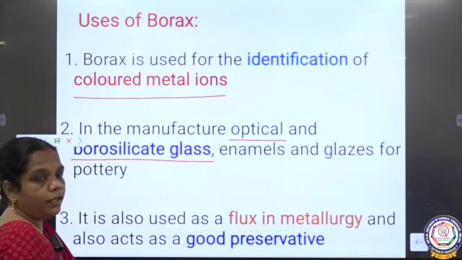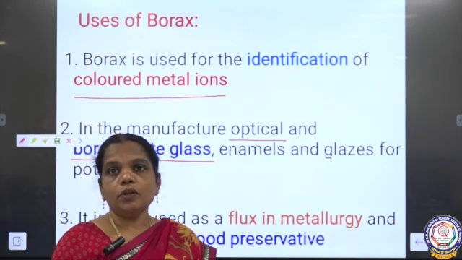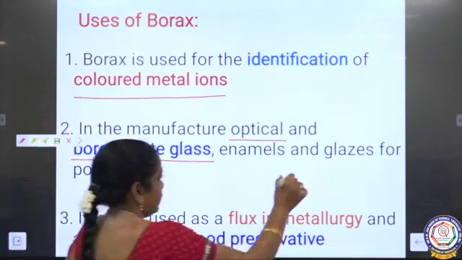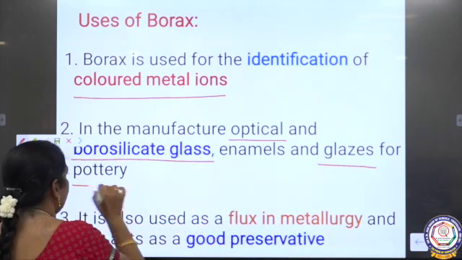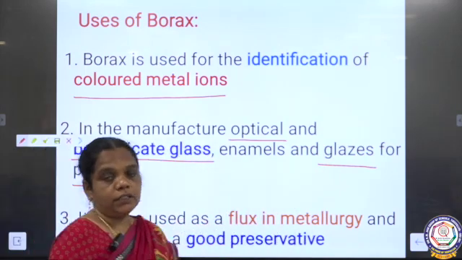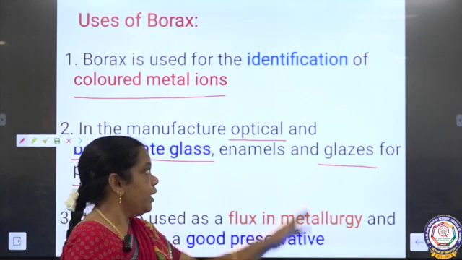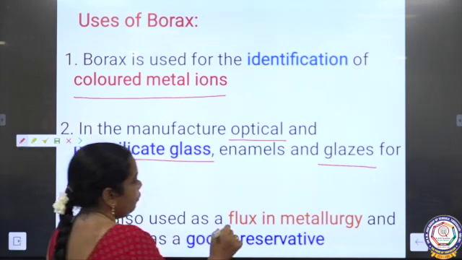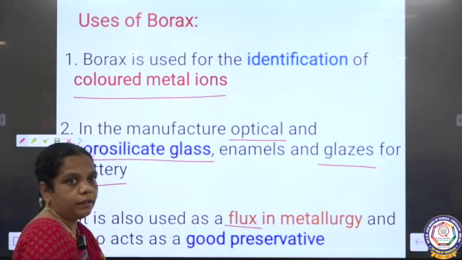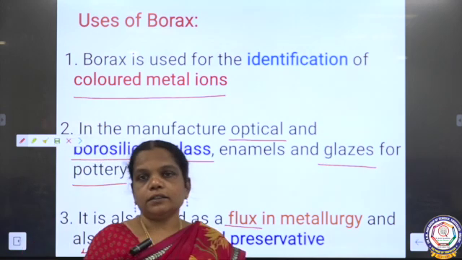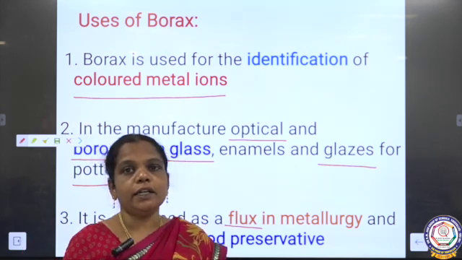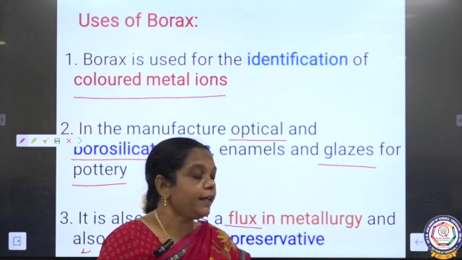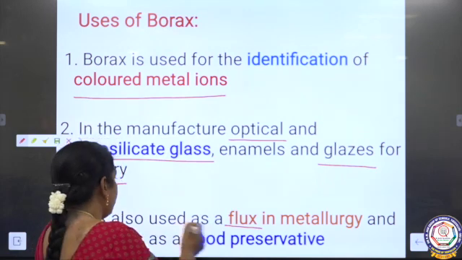Already I said all the laboratory apparatus are borosilicate because of low thermal expansion. It is also used for glazing pottery, giving a shining surface, and it is also used as a flux in metallurgy.